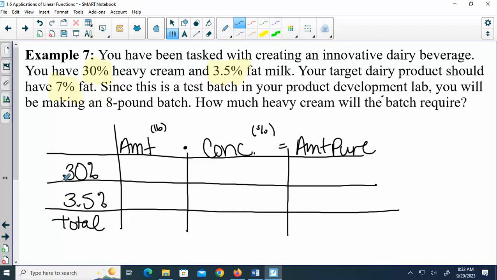All right, so my 30%, the concentration would be 0.3. What's the concentration for the 3.5?